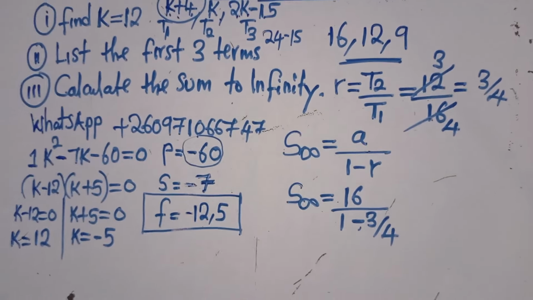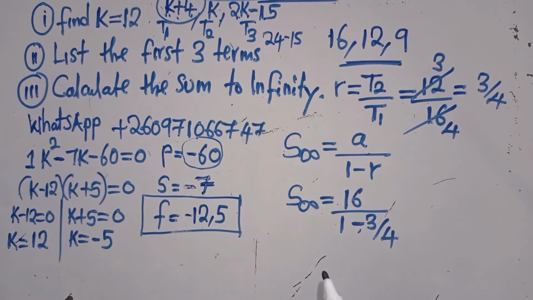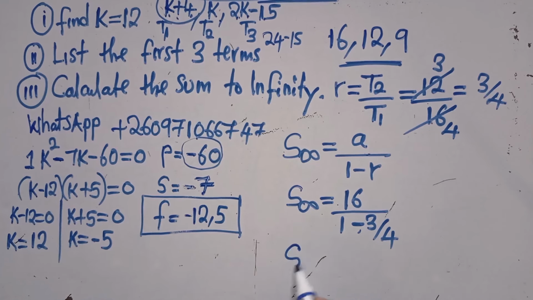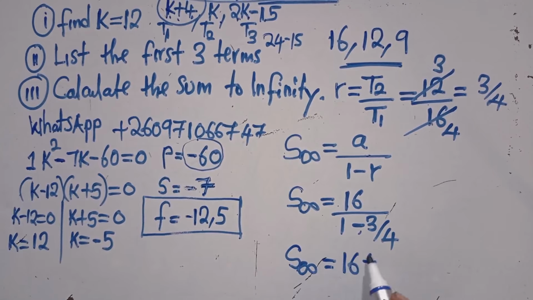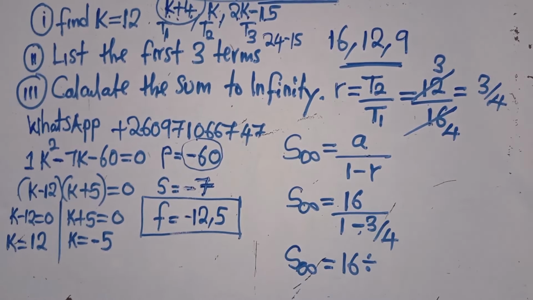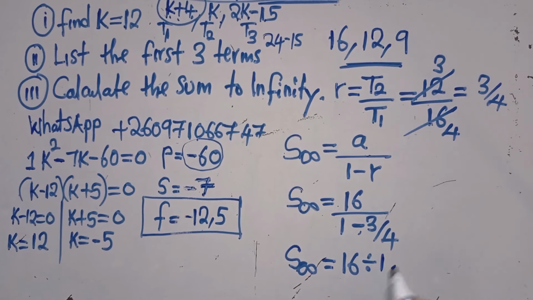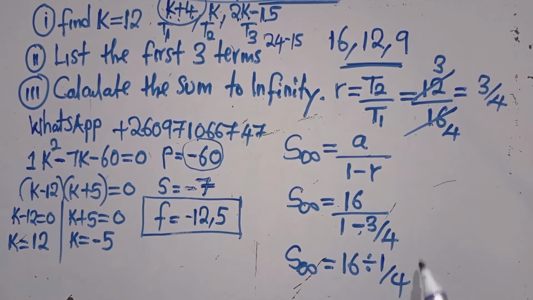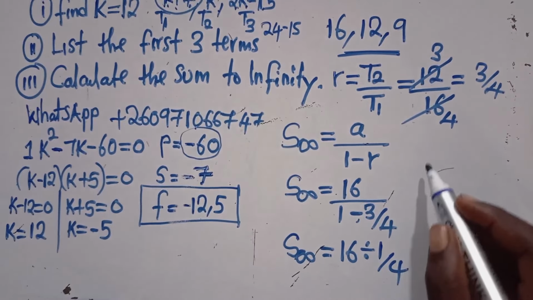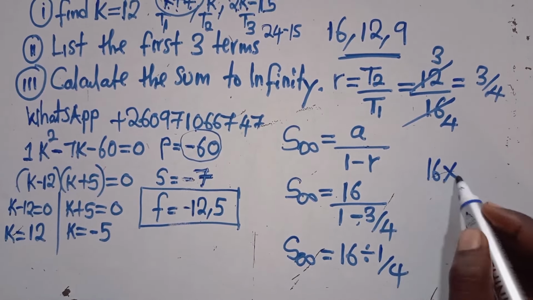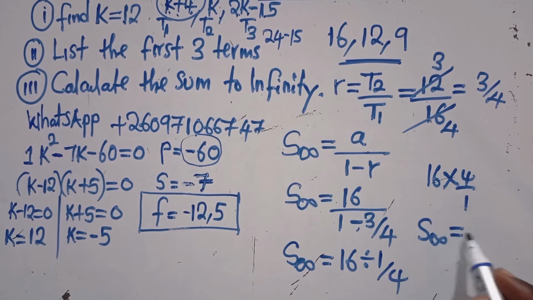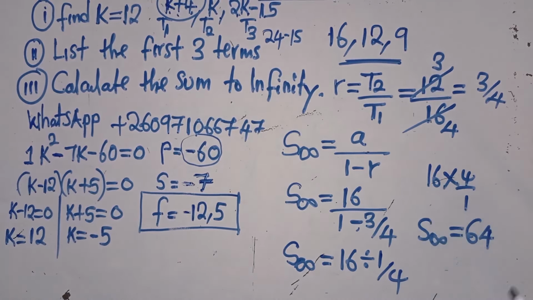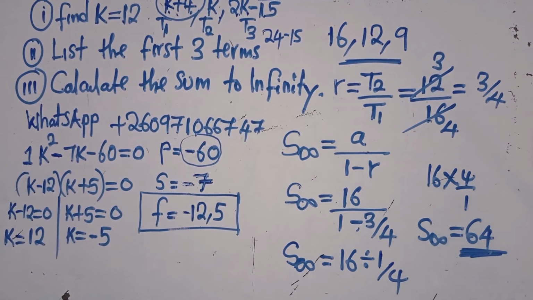When you simplify this, 1 minus 3 over 4 gives 1 over 4. So 16 divided by 1 over 4 is just the same as 16 times 4 over 1. Sum to infinity is equal to 64 when you multiply. So this is the answer. Thank you so much.